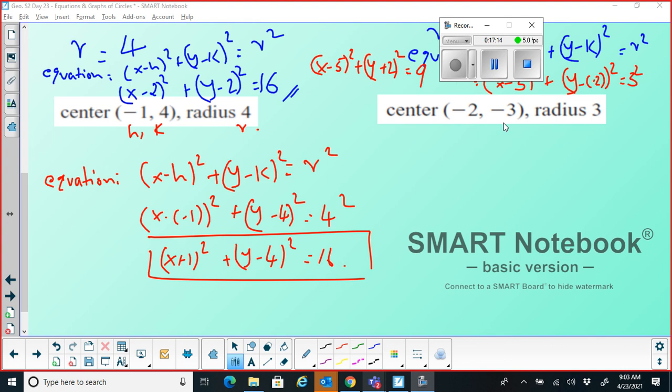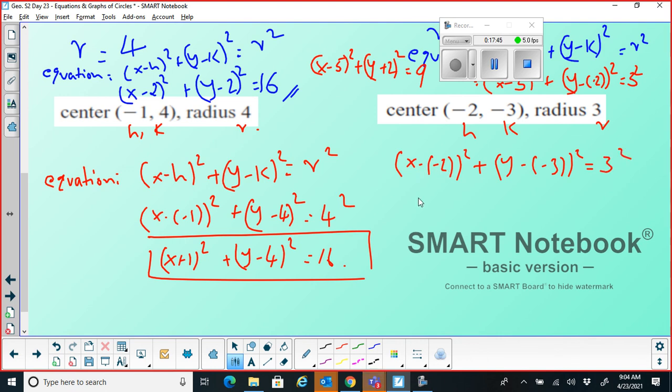Okay, let's go over the solution for this one. They have given us this is our h, and this is k, and this is the radius r. And I substituted into the same formula. I will have x minus of negative 2 whole square, because h is negative 2, plus y minus of negative 3 whole square equals r square, that is 3 square.